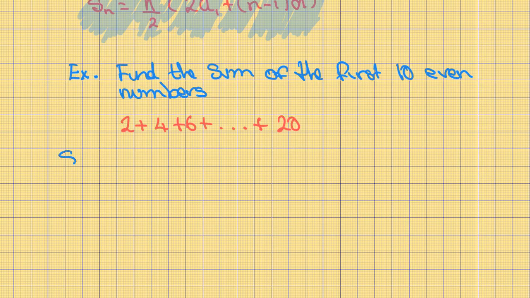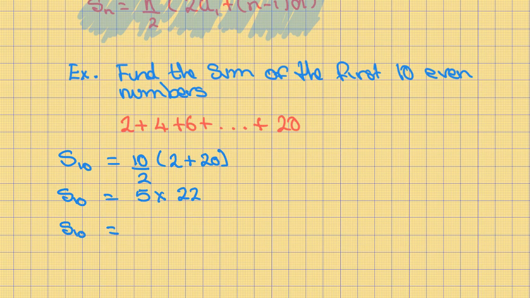Firstly, S10 is equal to 10 divided by 2 times the first term, which is 2, plus the last term, which is 20. So S10 is equal to 5 times 2 plus 20 is 22. So S10 is equal to 5 times 22 is 110.